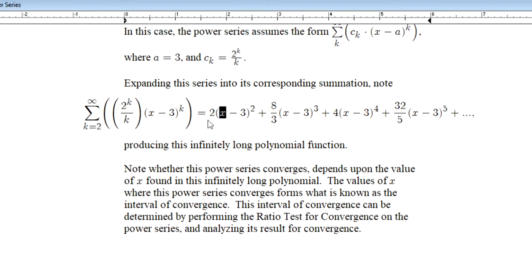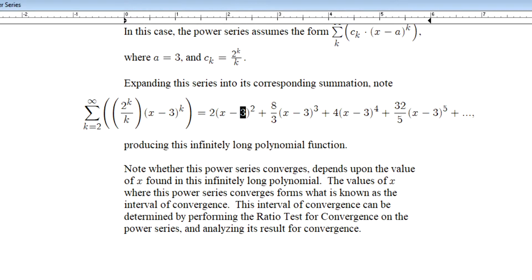As we had noted, depending upon x, we will see convergence or divergence, and there can be at times a whole bunch of x's, centered at this value of 3, where we happen to see convergence.